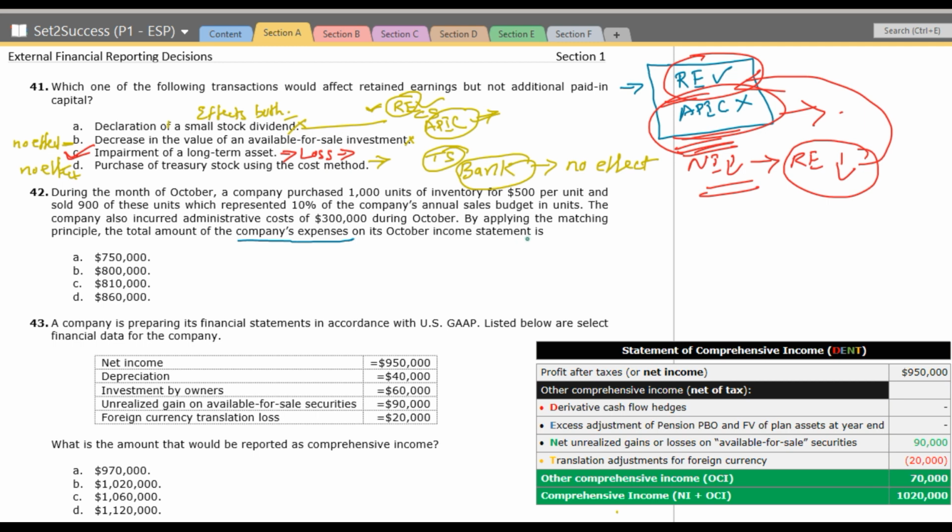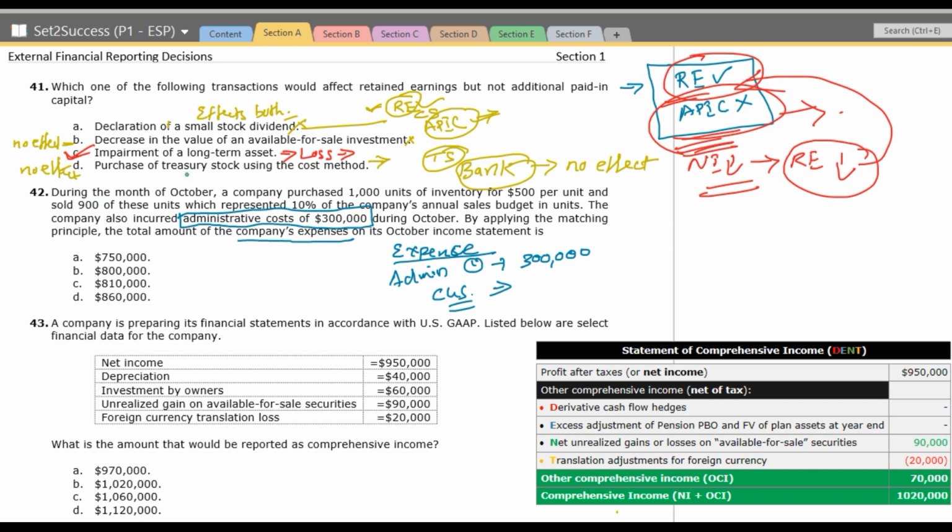Now the first expense is the administrative cost of 300,000, and the second expense is CGS.